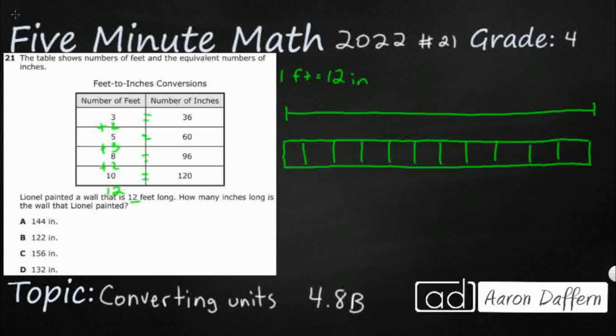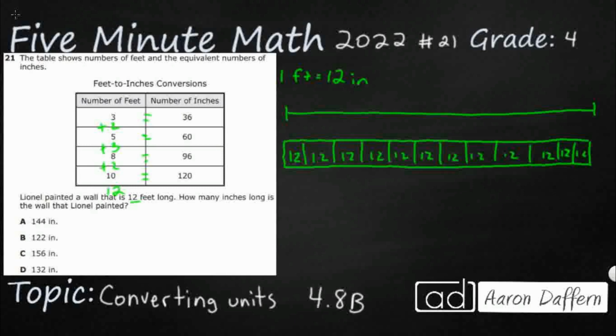And inside each of these feet, I've got 12 inches, because that's how long each of these feet are. So I've got 12 inches all the way down. 1, 2, 3, 4, 5, 6, 7, 8, 9, 10, 11. Let's chop that into 12 feet. Okay, once again, pretend that those are even. So there's my strip diagram.